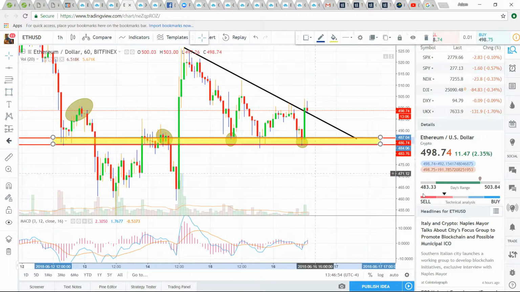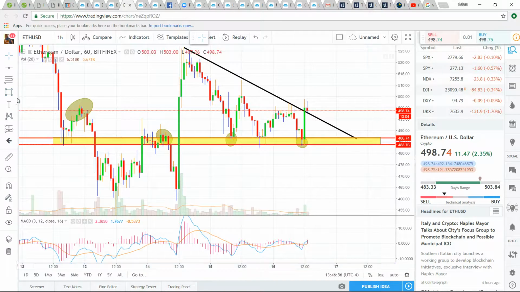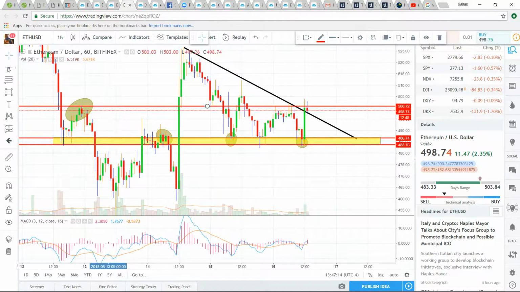So I just highlight this zone. Now I have this zone also, and I could even put a circle here if I wanted to, because that would have been a nice little sell there also. But for the sake of what's going on, I think this is a great move. If I would have done a sell down here, I'm going to put, again, another little area here. I'm going to highlight it.